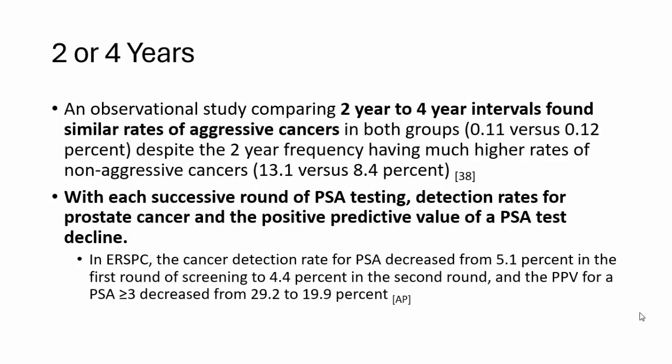And the positive predictive value for a PSA above 3 decreased from 29 to 19%. And that's just the difference between the first and second PSA. If you project out and think about a guy who might be getting 15 or 20 PSAs, the value of that 15th or 20th PSA is just going to drop and drop and drop with every round.